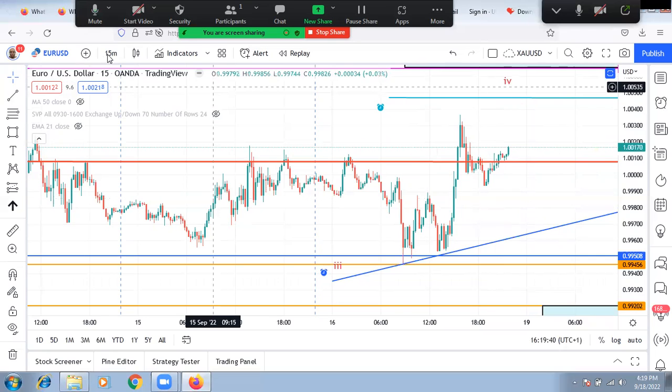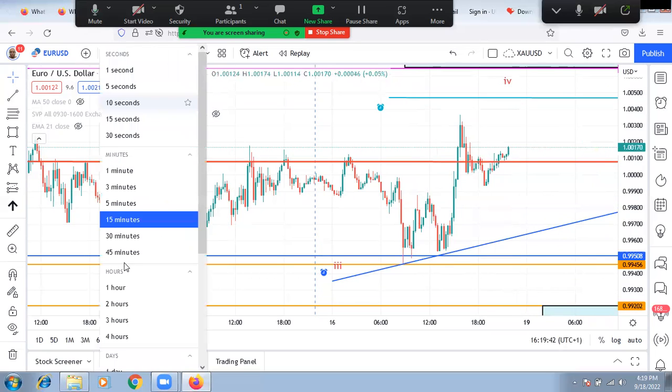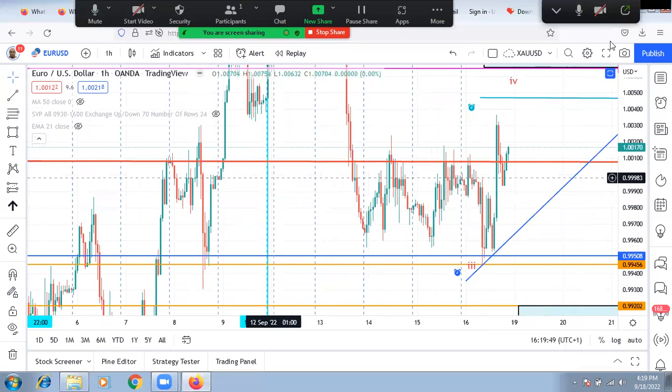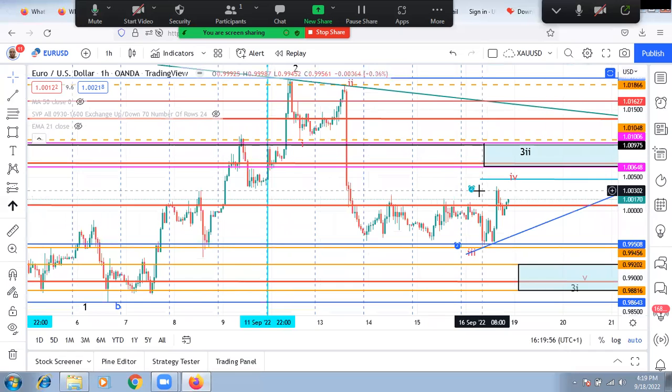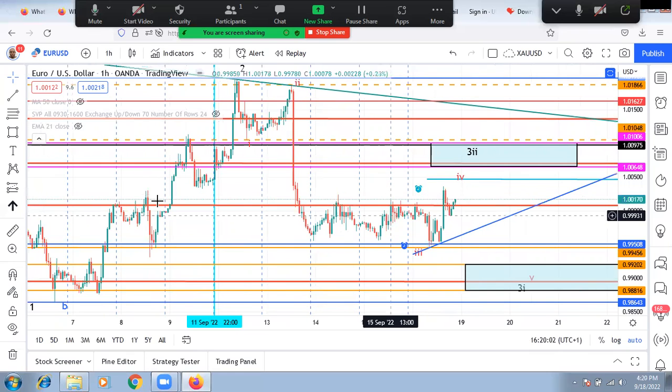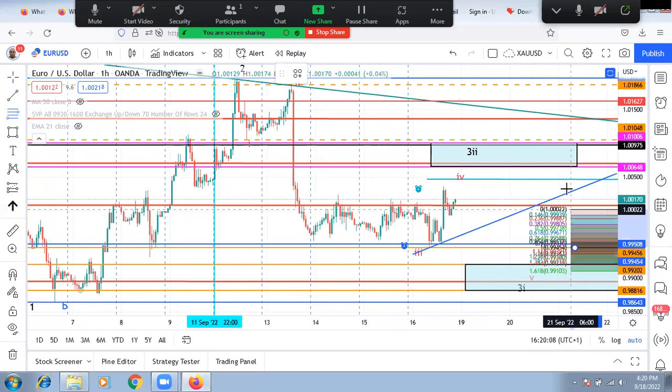So now, since I've shown you how I got that entry, where this one is going to terminate is also going to be a 123 or 161.8 to the downside for us to finish the last sell.